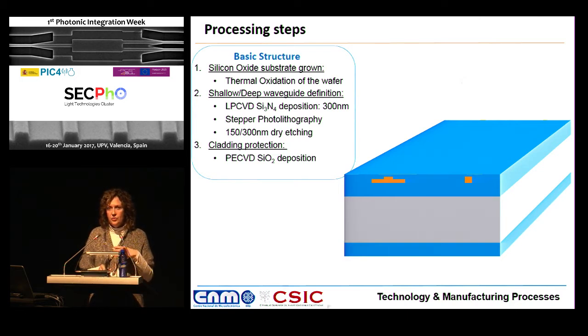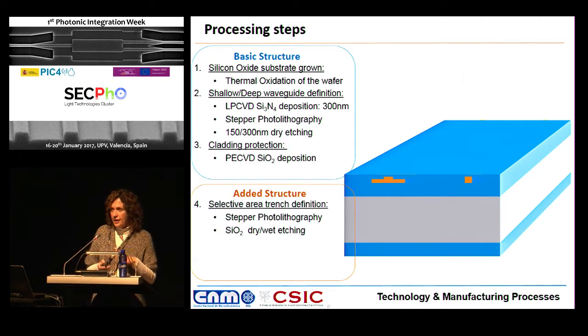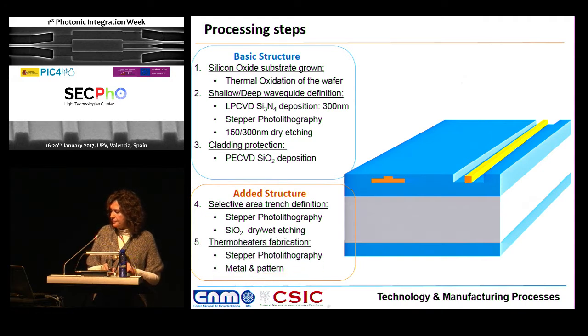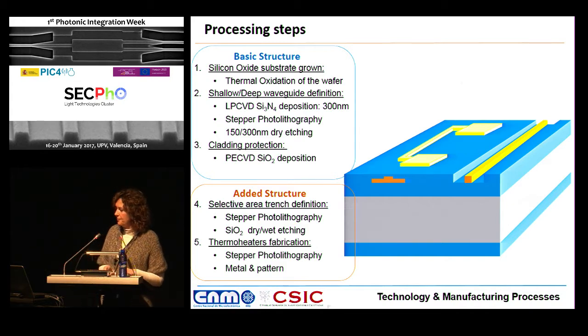So adding to this basic structure, we open some areas, which I said before, to make some sensors or just have the guide in the air. And also we can pattern on the wafer some thermoheaters by a lift-off technique that I will explain now.